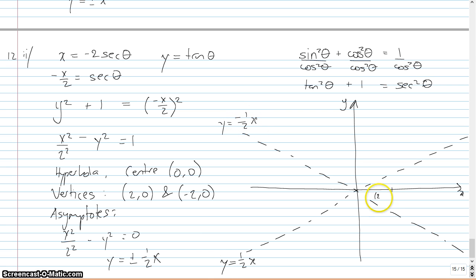That will be our point 2, 0. This can be our point negative 2, 0. And this is roughly what we get. Again, I expect you guys to do a neater job where you have pen, paper, and ruler. But yes, that is roughly what it should look like.